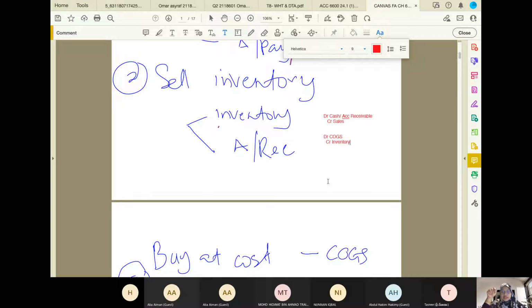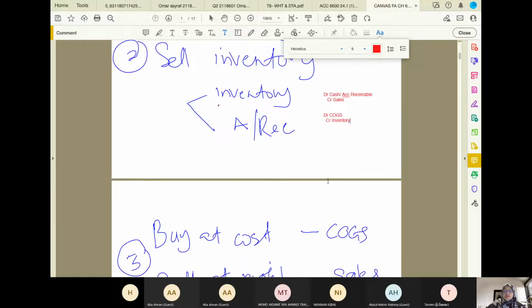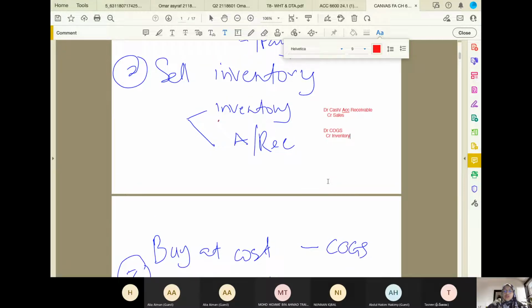Have you heard of the cost of goods sold account? Just like the name, it is the cost of the goods that you sold. You record this in order to see your profit later, because you compare your sales and your COGS to see whether you make a profit on the inventory.